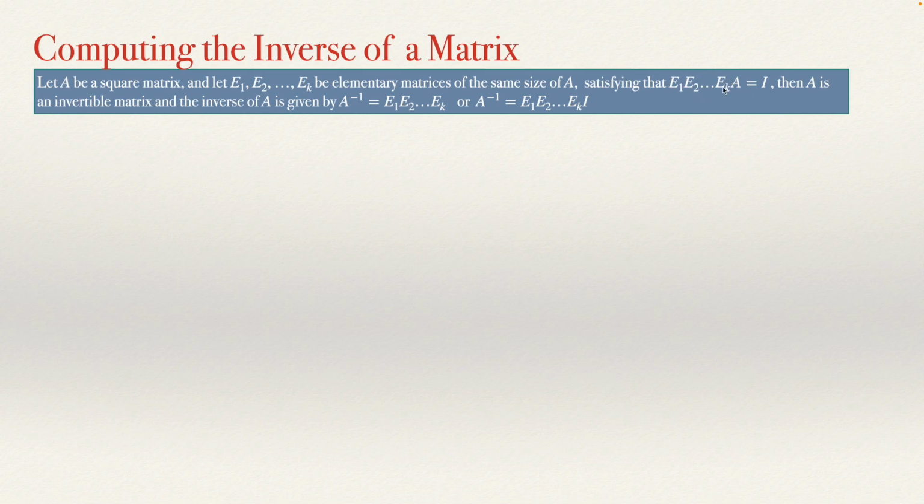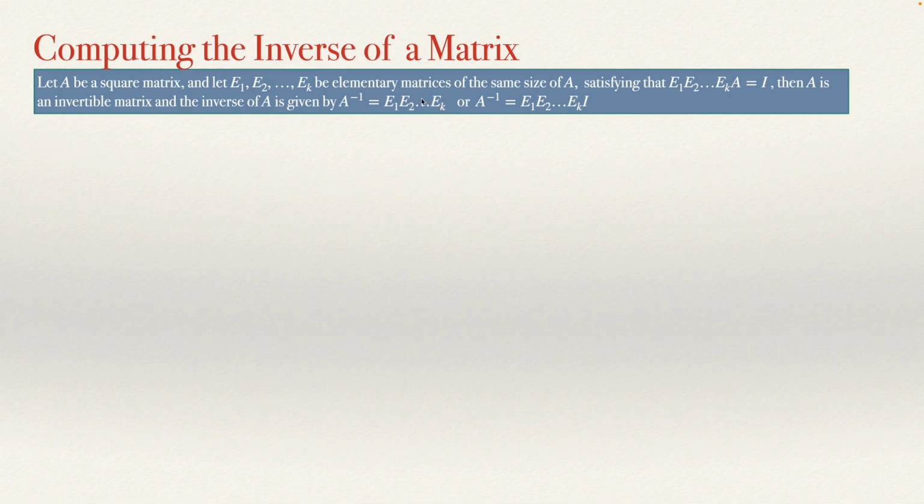This matrix will be the inverse of A because we are obtaining the identity. Then we say that A is an invertible matrix, and the inverse of A is given by this product, E1, E2, until Ek. And obviously, we are going to have a formula to compute A minus 1 if we find these elementary matrices.